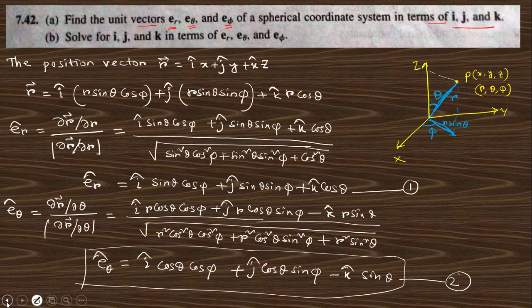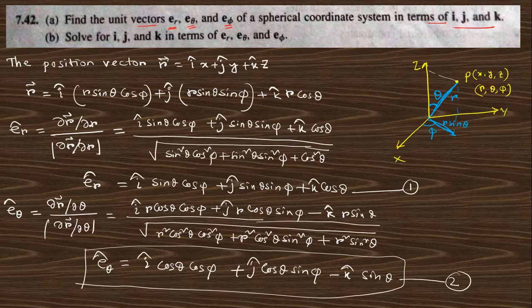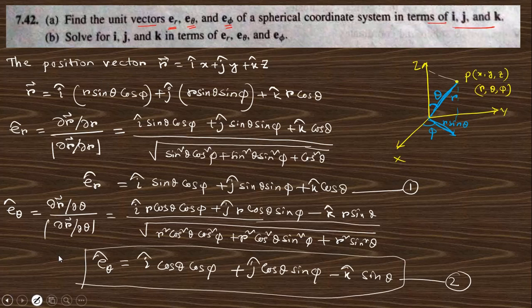So just take the derivative with respect to phi of this equation, you will get minus I cap r sin theta sin phi, and j cap r sin theta cos phi. In the last term there is no phi, so this will be 0.